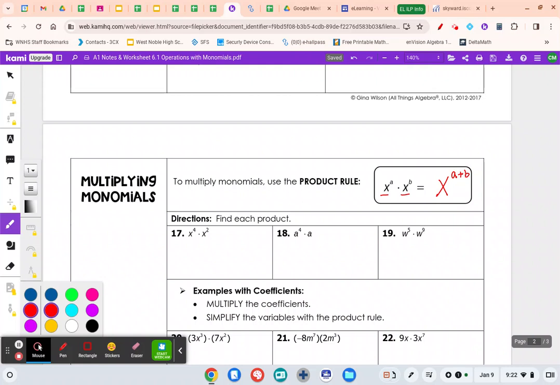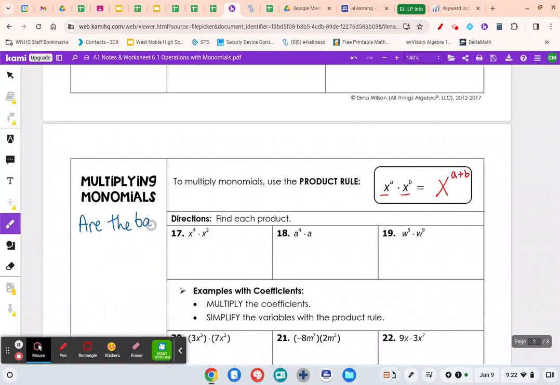Okay, so another little rule over here to ask yourself: are the bases the same? If yes, use the product rule.